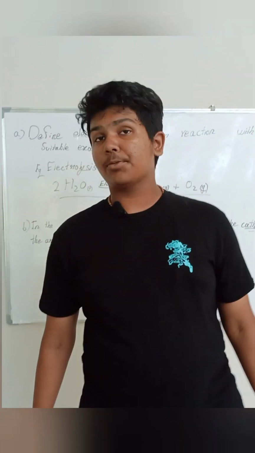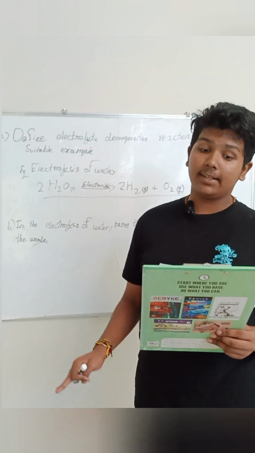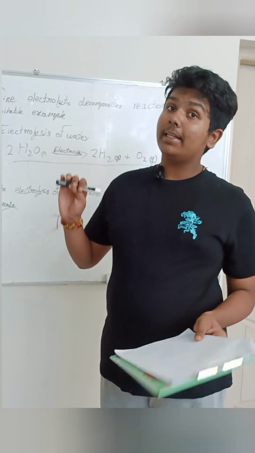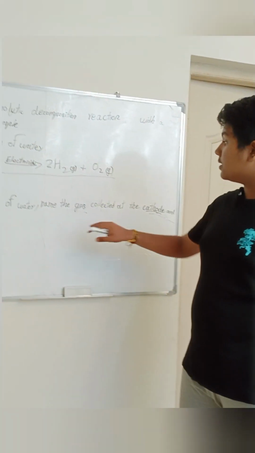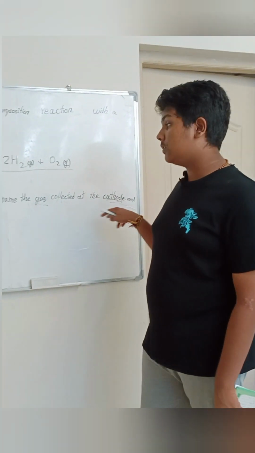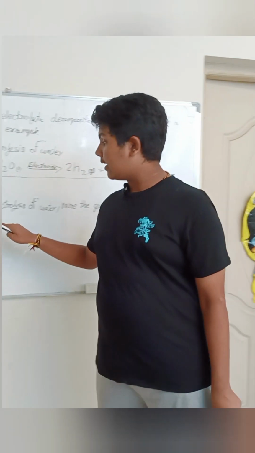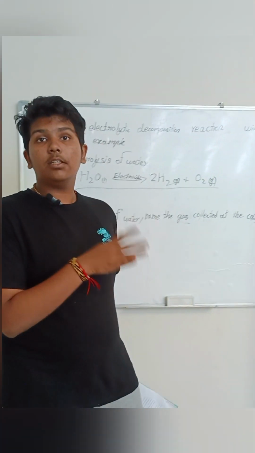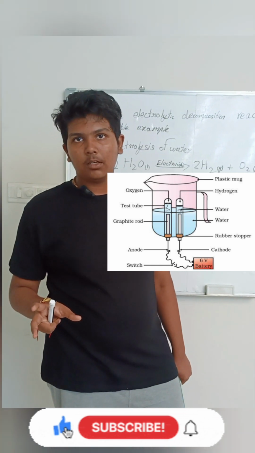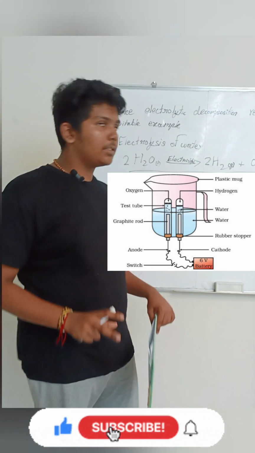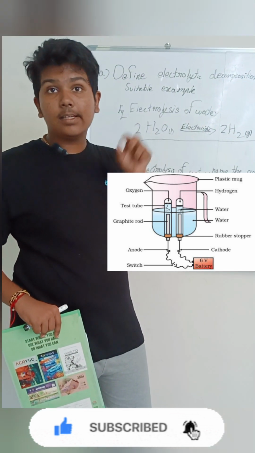Now the next question is, in the electrolysis of water, name the gas collected at the cathode and anode respectively. So what they are asking is, what is the gas collected at these two? There is cathode and anode. Given here is a diagram of the electrolysis of water, and it shows that the cathode contains some gas, as well as the anode.